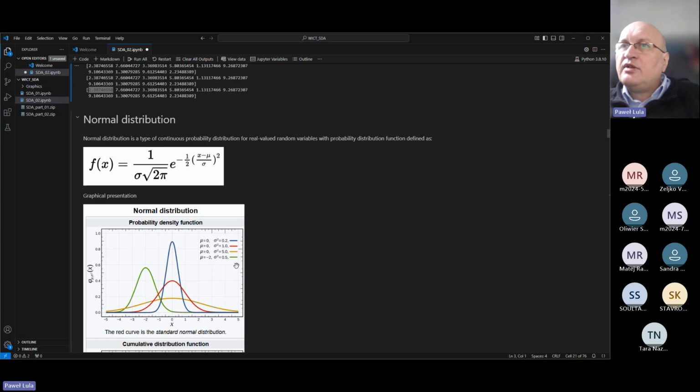Please compare this blue and this red line. For blue, on this picture, we have sigma squared, so sigma to the second power, and sigma is the square root of this value. For this blue line, sigma is equal to the square root of 0.2.